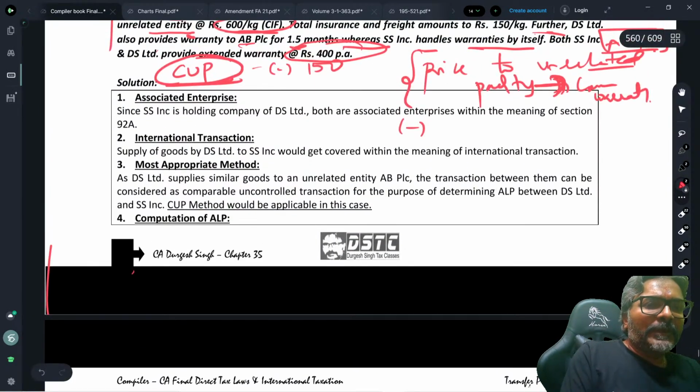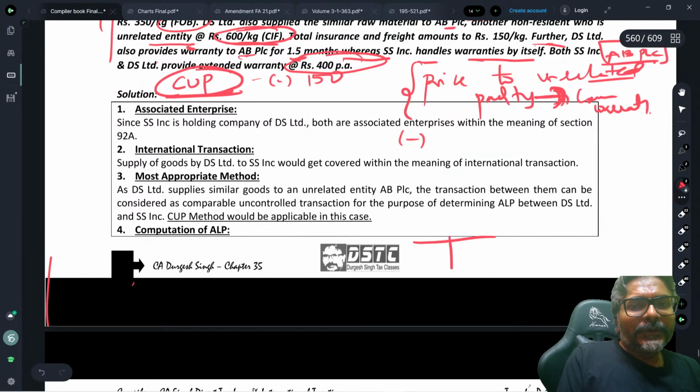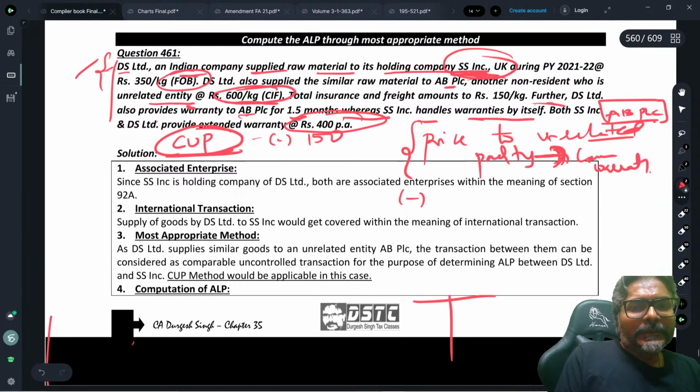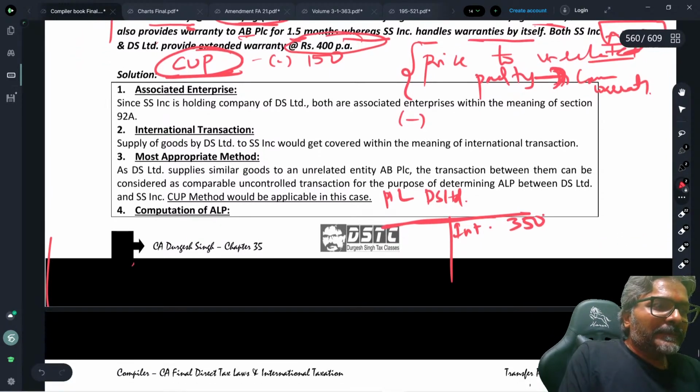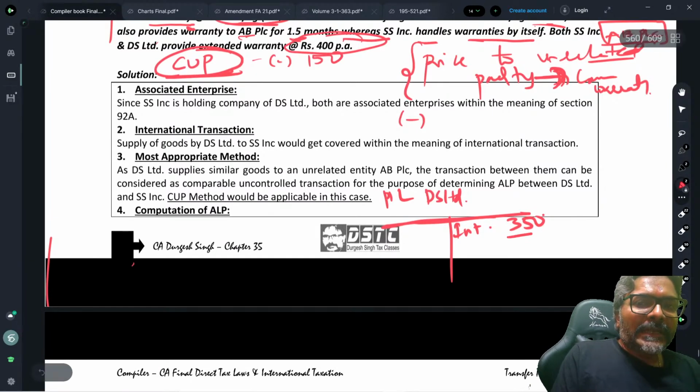By the way, it's profit and loss account. I already told you, prepare the profit and loss account of the Indian AE. Indian AE is DS Limited. So they are supplying. So the international transaction is at 350, which is a selling price. So selling price is on the lower side.